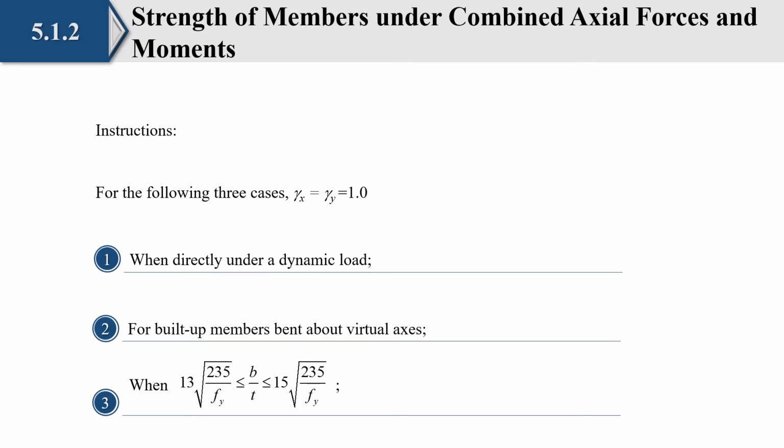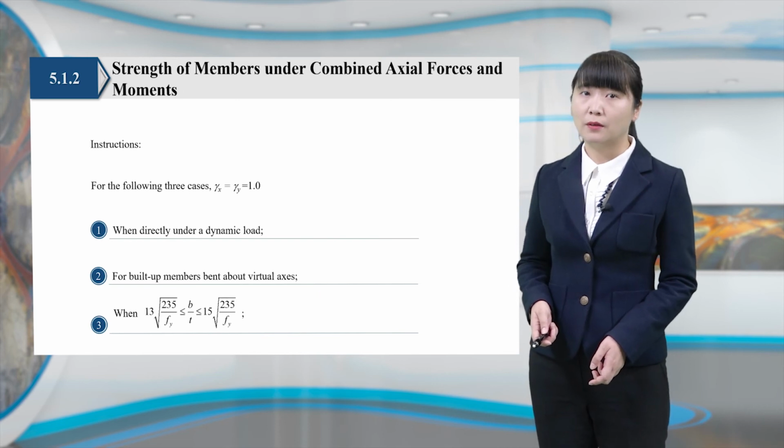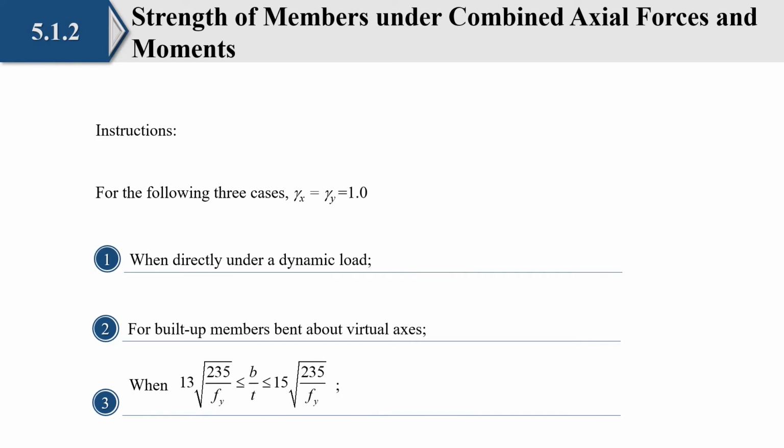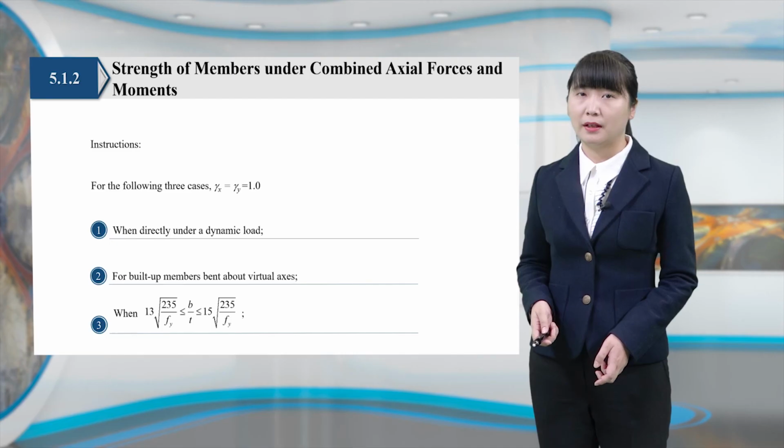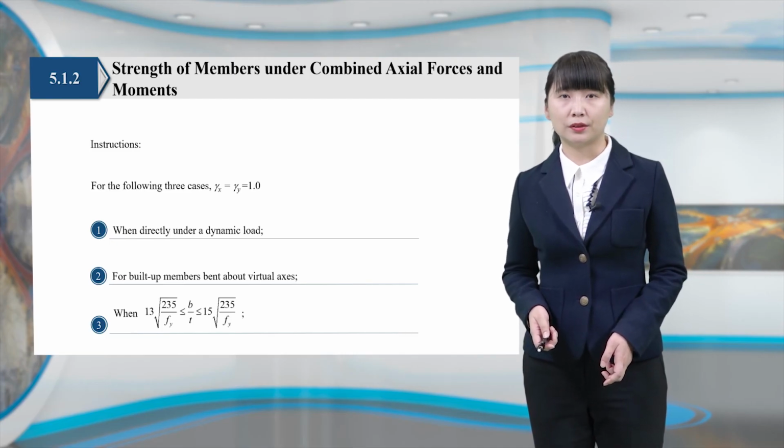It should be noted that for the following three cases, the plasticity factors gamma X and gamma Y are equal to 1. Firstly, the plastic development of the beam column under a dynamic load is not considered. Secondly, for a built-up beam column bent about the virtual axis, the plastic development is not big, thus could not be considered.